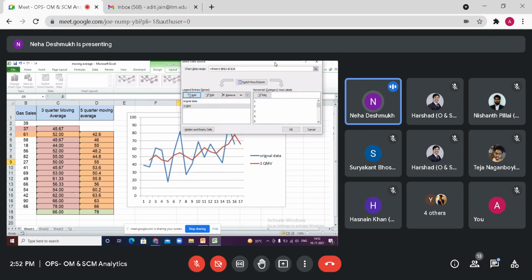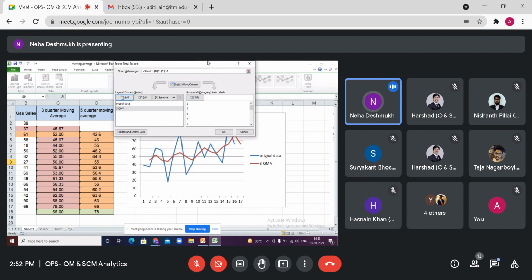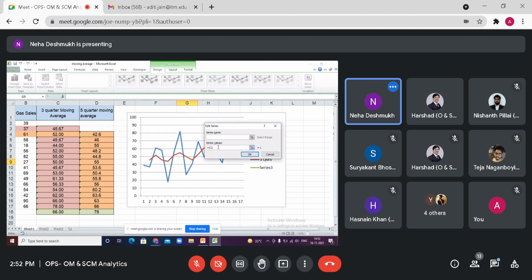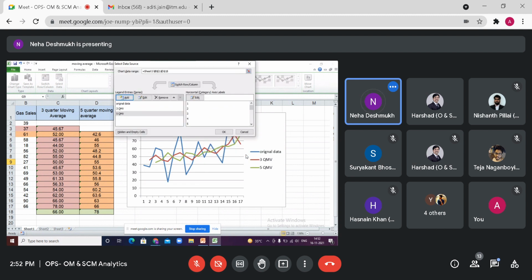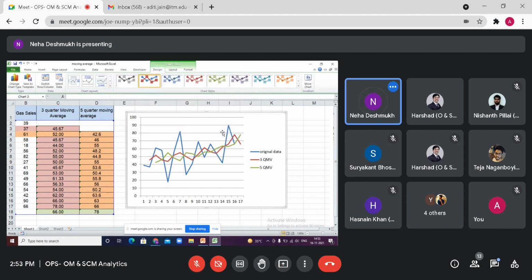This will be your three quarter moving average. Then again add the five quarter moving average. Select the data from this and select all. Then okay. See.